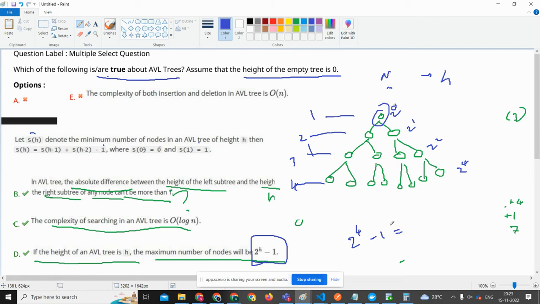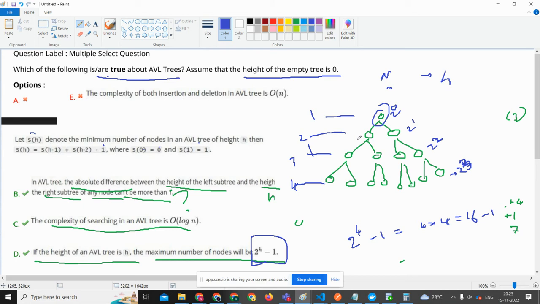What is 2 power 4? 4 times 4, it's 16. Okay, so I think I made a mistake over here. It's 2 power 3, right? On this level, it is 2 power 3. On this level, it is 2 power 2. I put 2 only, and then here I put 4 unknowingly. So we have 16 minus 1. Okay, then this works fine.